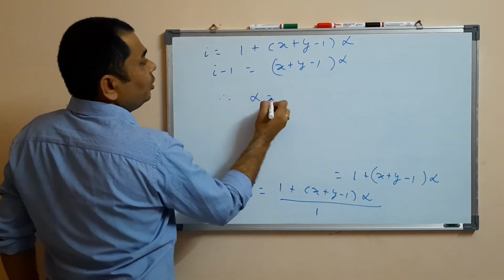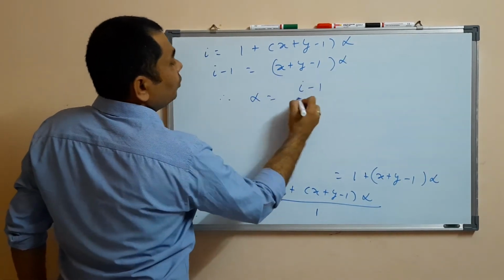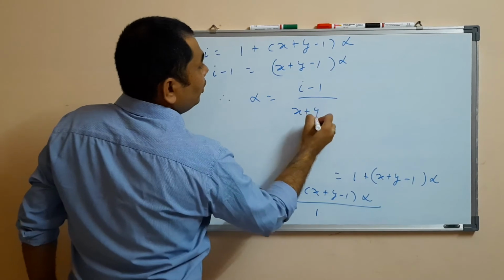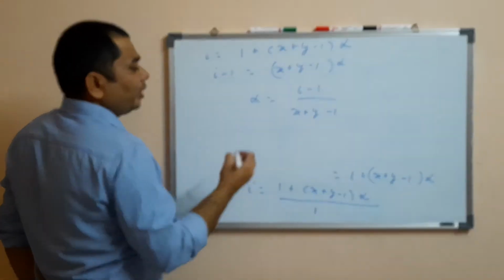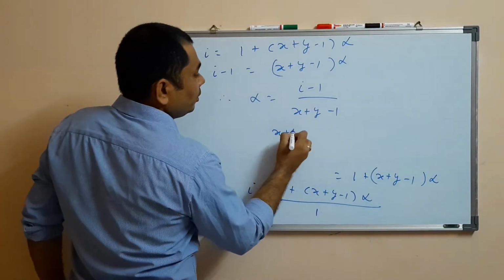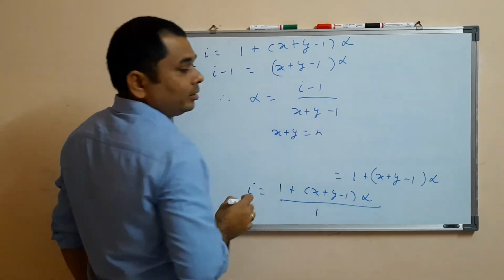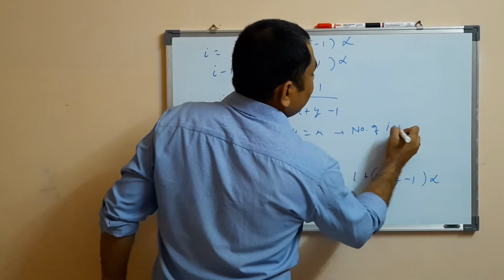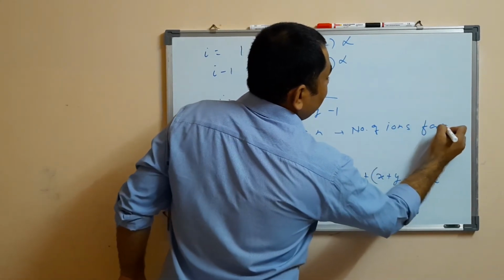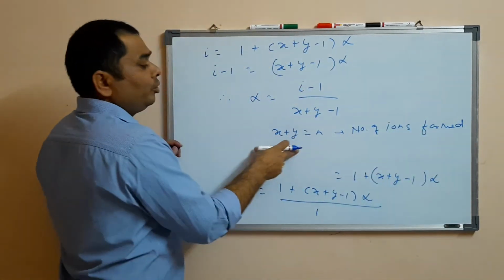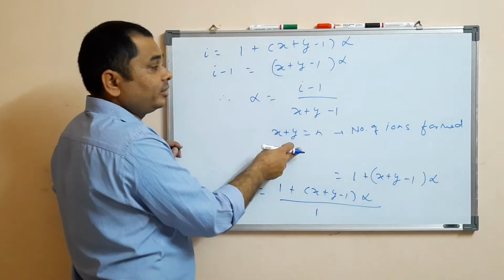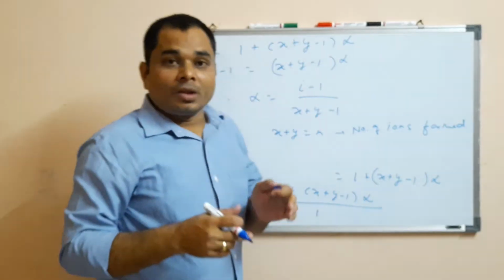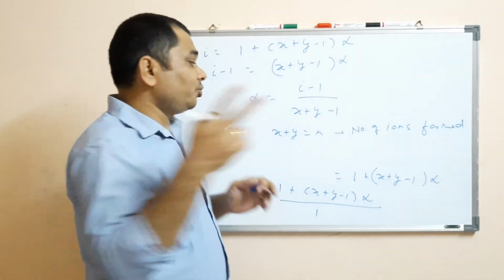Therefore, alpha is equal to what? i minus 1 upon x plus y minus 1. Now x plus y is equal to n. This is what? Number of ions formed. Okay, मतलब हर एक यूनिट से कितने आयंस फॉर्म होंगे. से फॉर एग्जांपल NaCl is there, 1 Na plus and 1 Cl minus, that is 2 ions are formed.